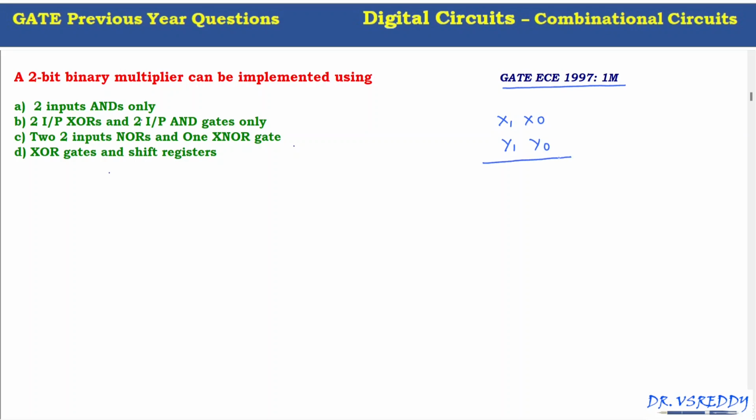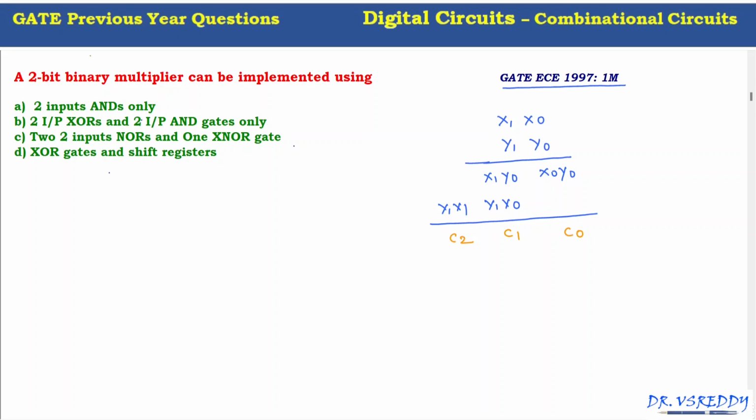If I perform multiplication, we get x0 y0 and x1 y0, and then next y1 x0 and y1 x1. So now we can write this is the output C0, this is C1, this is C2.